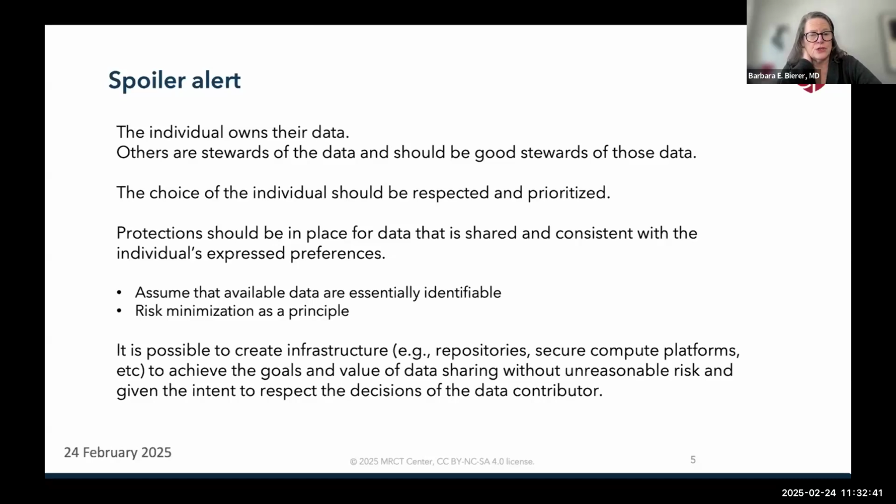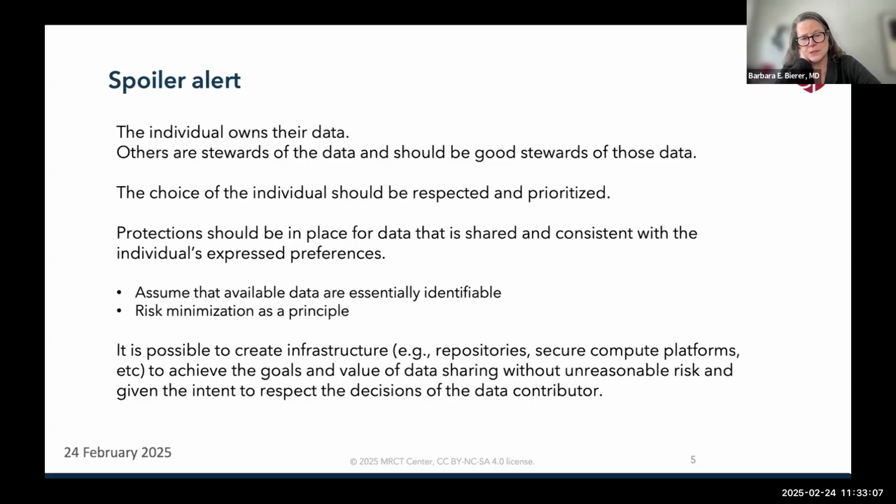I think that we should assume that all available data are essentially identifiable, and data minimization is a principle, as is risk minimization. In other words, you should be sharing that data that is necessary for the purpose and not everything about somebody unless it's necessary for the purpose, and we should be thinking about how to minimize risk.